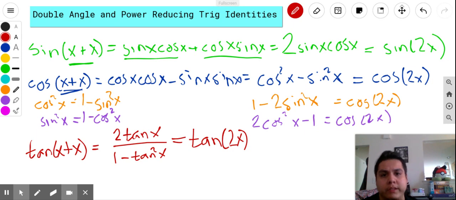So let's talk about the power reducing identities. For these power reducing identities, they're actually a manipulation of what we have right here with the cosine double angle identity. So let me show you what I mean.